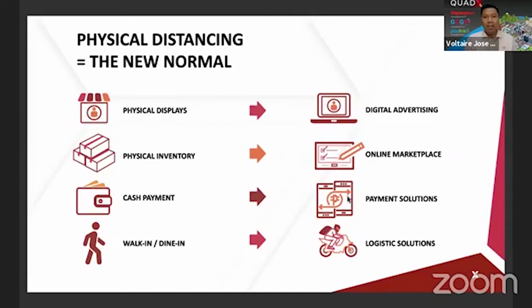Now we need to transition from the physical to the digital. So from physical displays to digital advertising, physical inventory to online marketplaces, cash payment to payment solutions, walk-in, dine-in, which is the biggest right now, is logistics solutions.